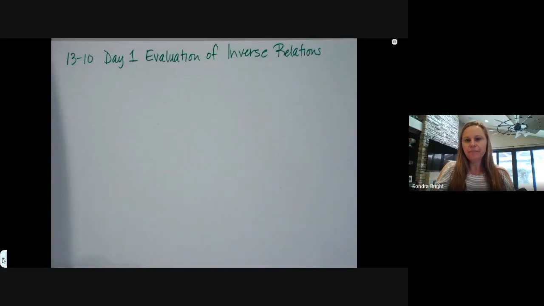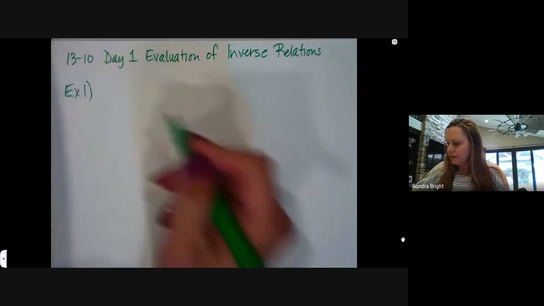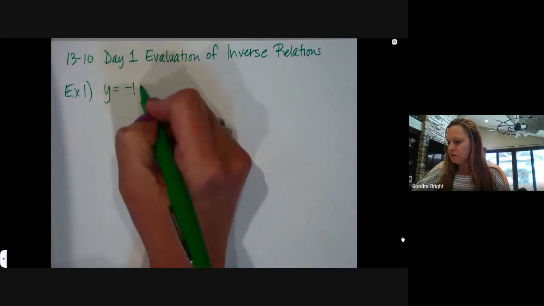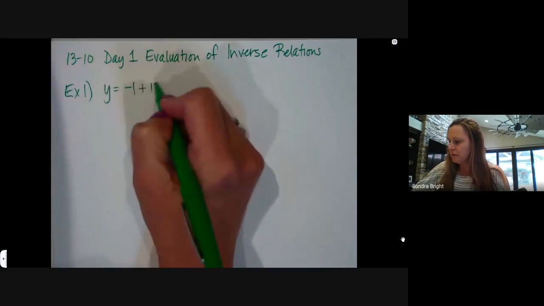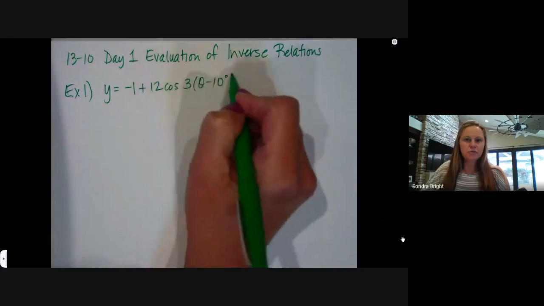Okay, so section 10, day 1. I'm just going to start by doing an example. What we're going to do is they're going to give us some sinusoidal function. Evaluation of inverse relations.